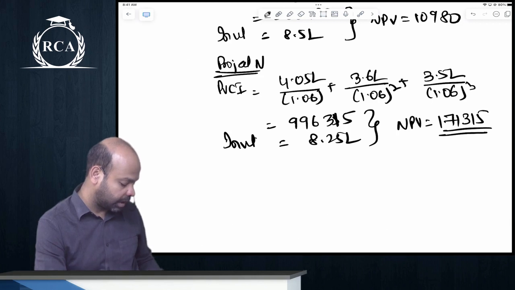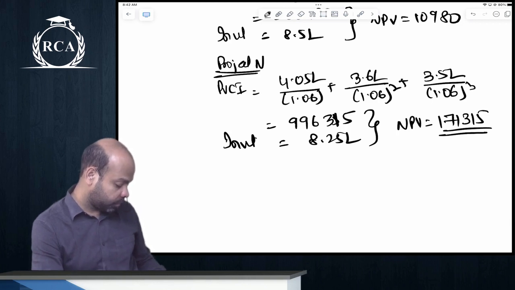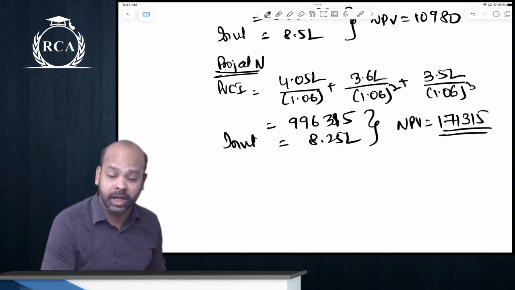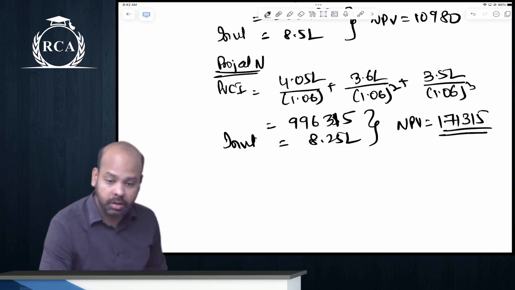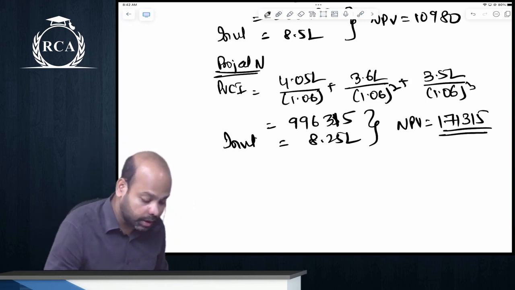Project M should be discounted with a higher rate under RADR technique.